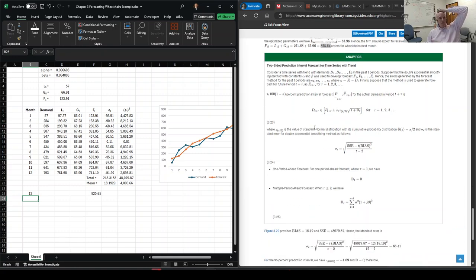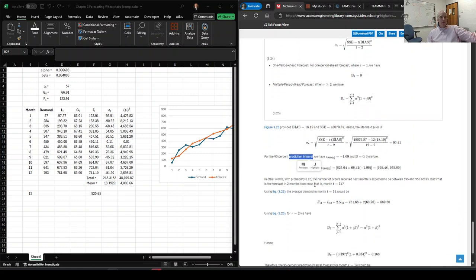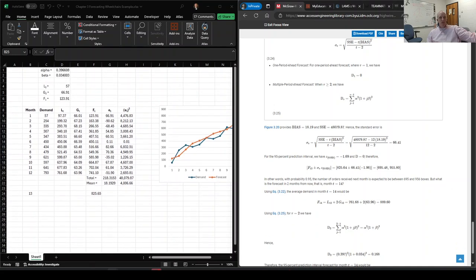But still pretty close. This last part here is saying, okay, let's do a prediction interval. And we've seen this a little bit before, so I won't spend too much time on this. We have our standard error calculations. Once we know what our standard error is, we can create a forecast interval.